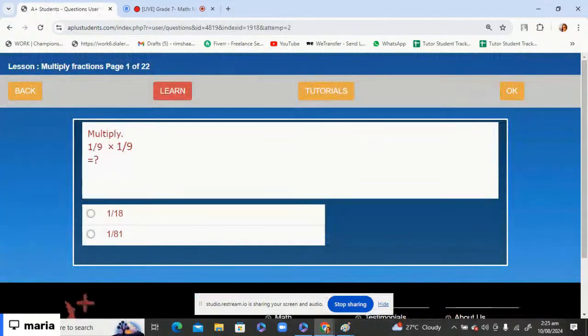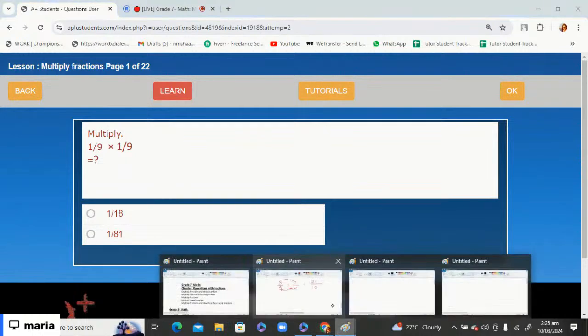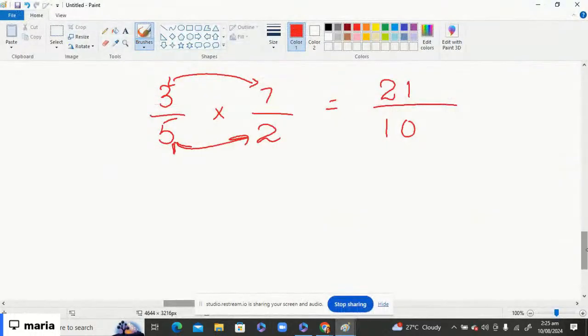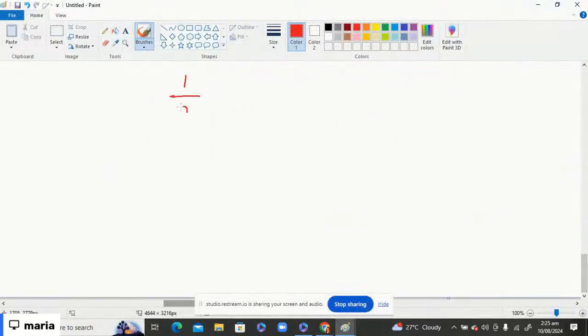All right, so here is a question. 1 by 9 times 1 by 9. So this is the same thing. Multiply numerators with each other and multiply denominators with each other.